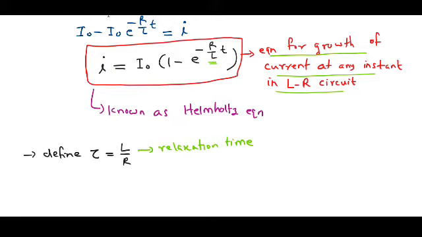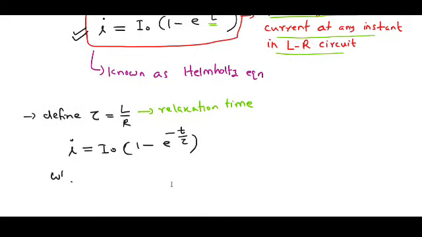Okay, we will come to the definition of the relaxation time later. Now I can write this expression in terms of the relaxation time. That is, I is equal to I0 into 1 minus e power minus t by tau.